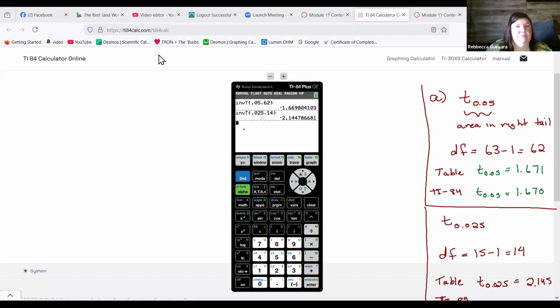Sorry, something just was not working right on my end there for a second. So we have t 0.025, and this time we're going to turn that into a positive 2.145. We do the rounding.